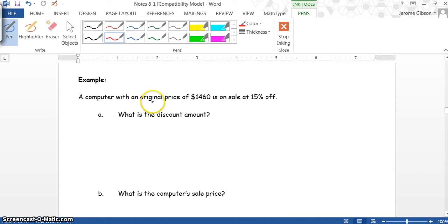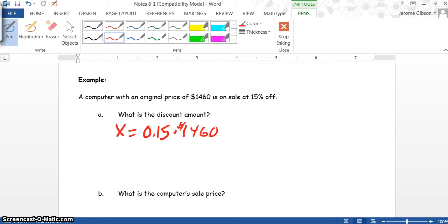Now example, a computer with an original price of $1,460 is on sale at 15% off. What is the discount rate? So we basically use the same formula. We have X, which is the discount amount, is equal to, first of all, let's take the percentage rate off, which would be 0.15, which is 15%, times the original cost of the item.